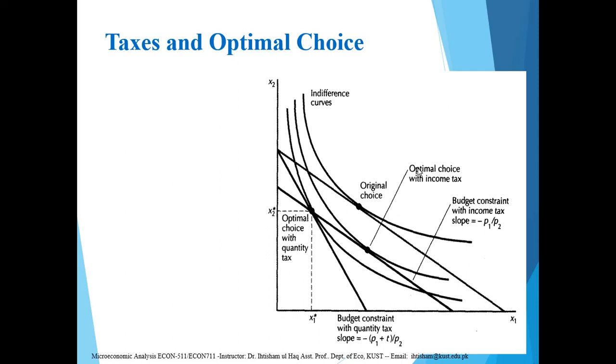This is the first one, this is the second one, and this is the third one. The third one is giving our consumer the highest level of satisfaction, higher than the second one, and the second one has satisfaction greater than indifference curve 1. So this is how quantity tax and income tax affect the optimal choice.